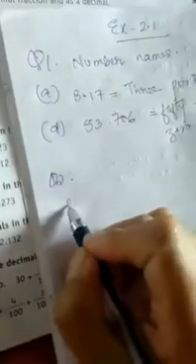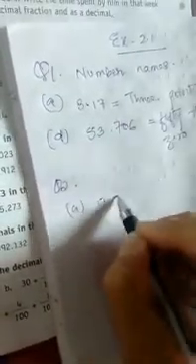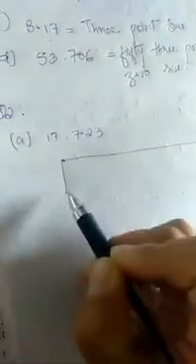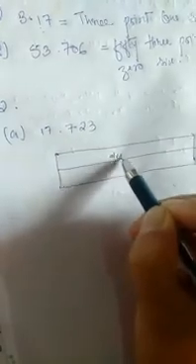Write number A, 17.723. Here, after the point, this is the decimal point.